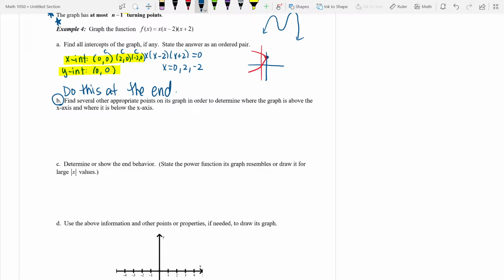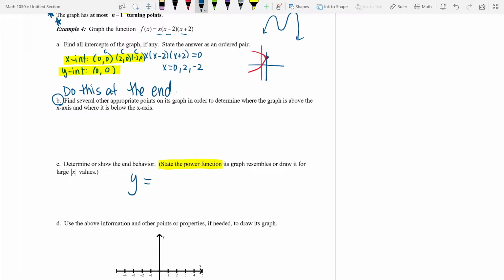Question C just asked you to find the end behavior. Now this is super important. This is so much better. I never had it in my workbook like this before, and my students just always had to figure it out. Show the end behavior, and they want the power function, okay? So the power function just means that biggest exponent. So guys, look, you have an x and an x and an x. They're all raised to the first.